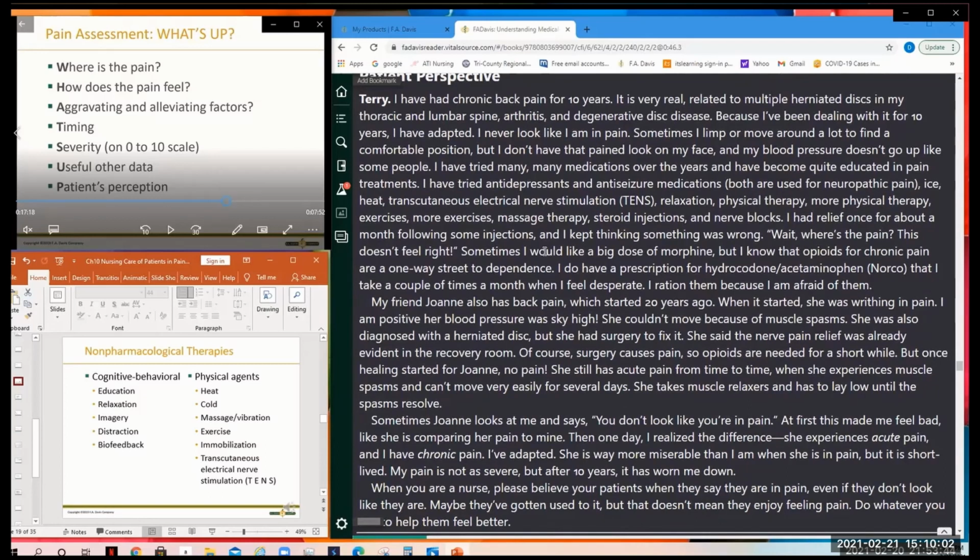I have tried many, many medications over the years and have become quite educated in pain treatments. I have tried antidepressants and anti-seizure medications. Both are used for neuropathic pain.